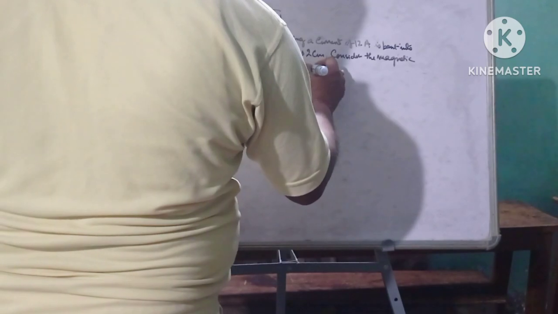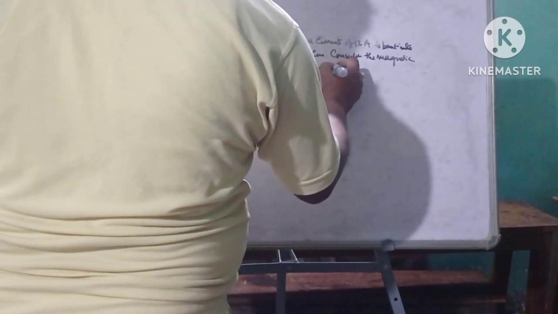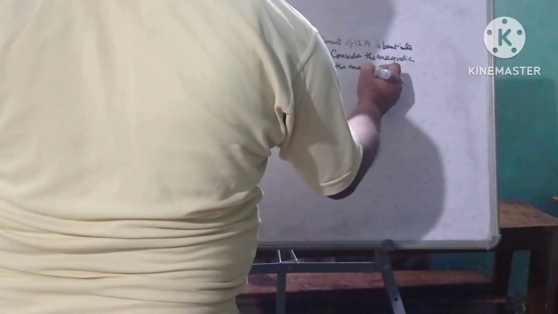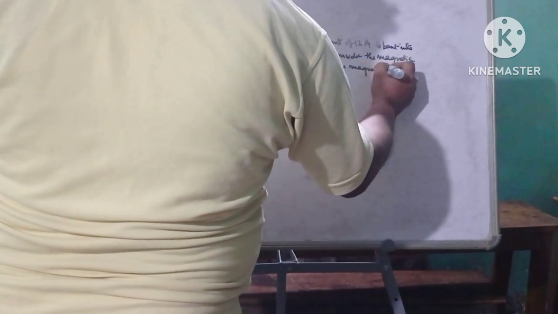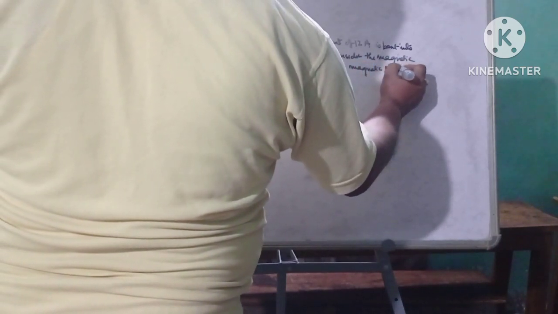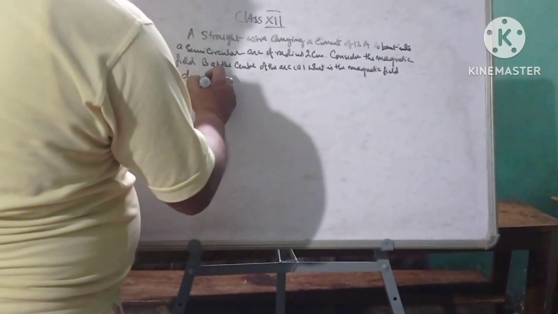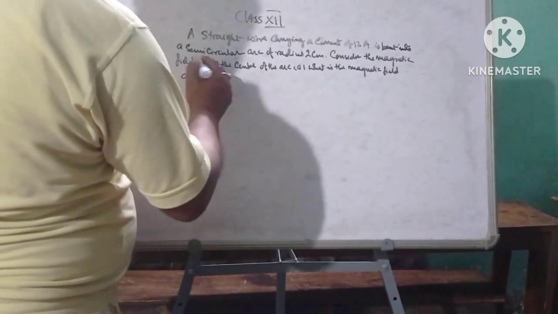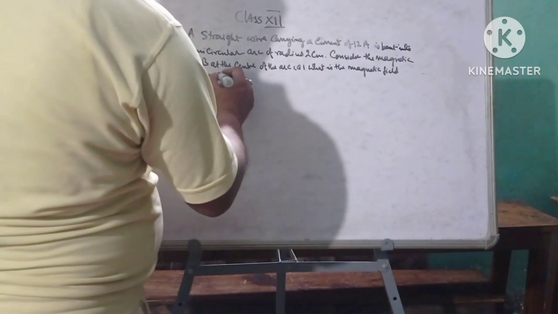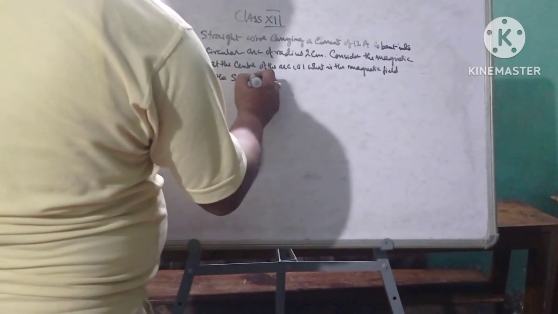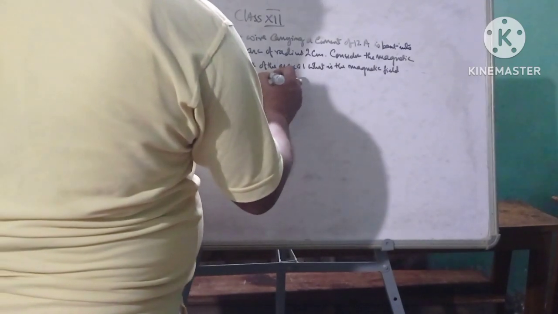What is the magnetic field due to the straight segment?